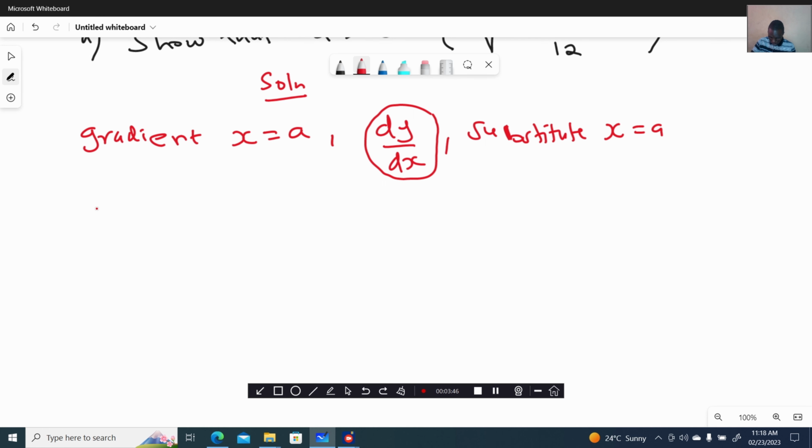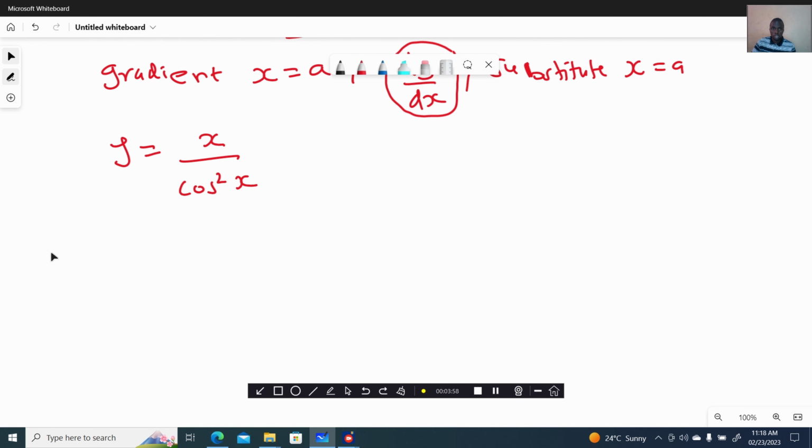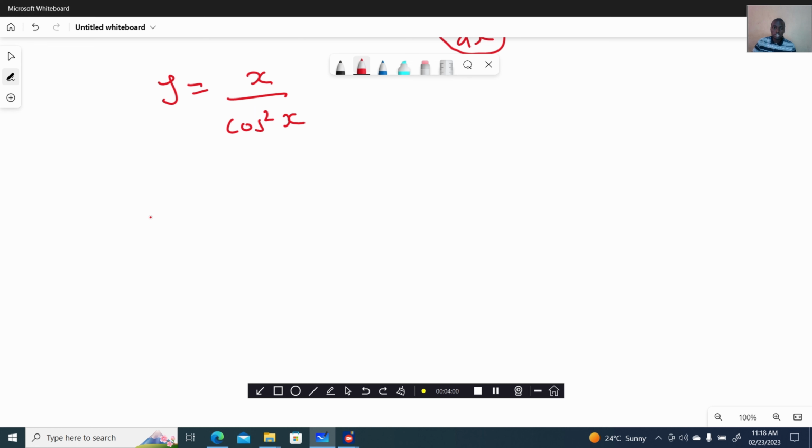So our function is y equal to x over the cosine squared of x. This equation has been expressed in the form y equal to u over v, whereby u is a function in the numerator and v is another function in the denominator.